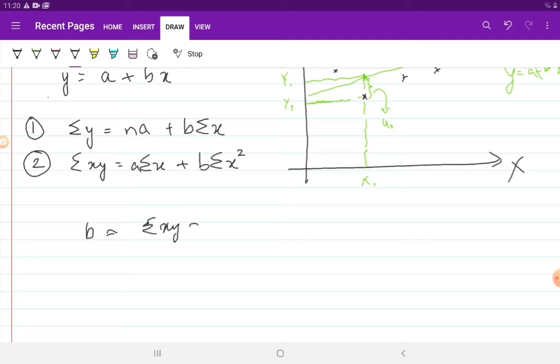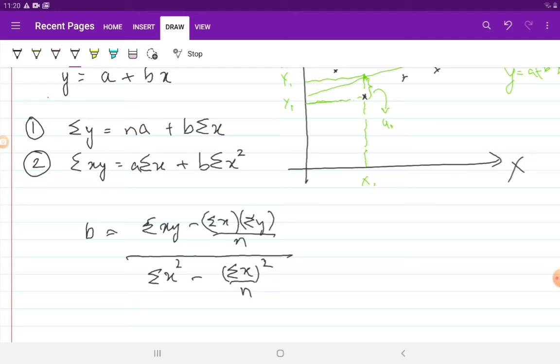Okay, you'll get summation xy minus summation x into summation y divided by n, whole divided by summation x square minus summation x whole square by n.